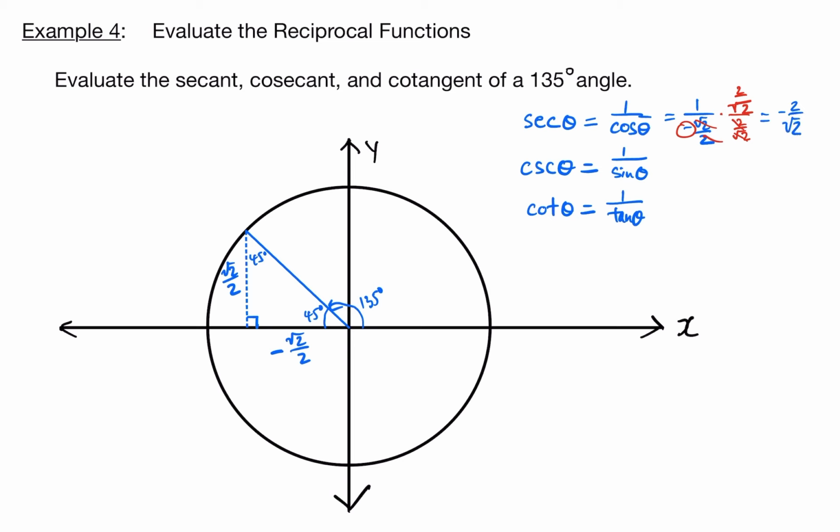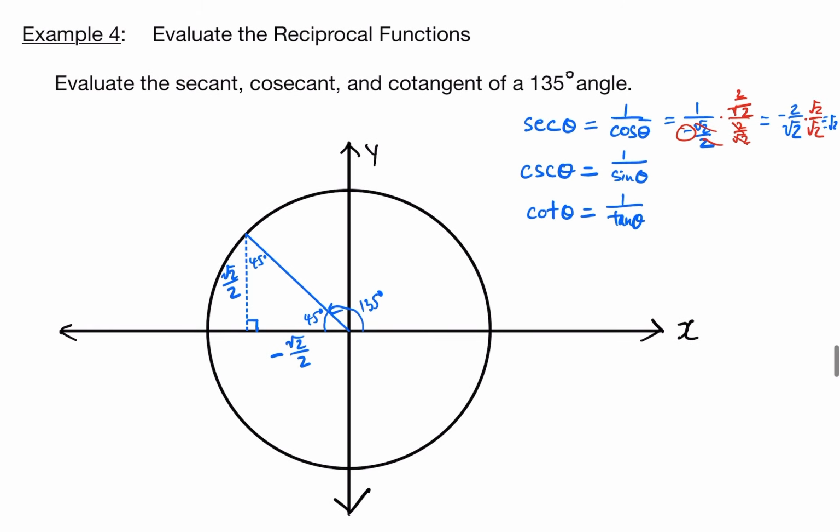We know that we can't have the square root sign on the bottom, so we need to multiply both of these, the top and bottom, by the square root of 2 over the square root of 2, and this works out to be negative square root of 2. Okay, sorry I ran out of room here. Let me go ahead and move these over a little bit so I can better reflect what I wrote here. Let's try this again.